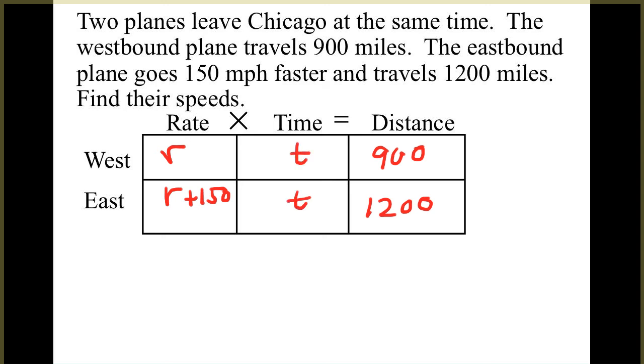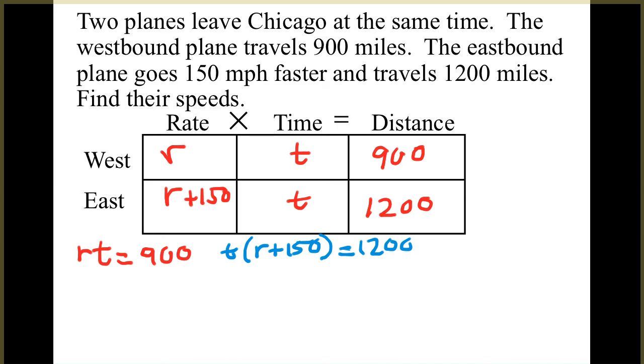They're the same. So now what I have are two different equations. Rate times time equals 900. The other one is time times r plus 150 equals 1200. Okay? Now the one thing I know about both of those equations is they have something that's all alone. So I'm going to solve to get that t all by itself.